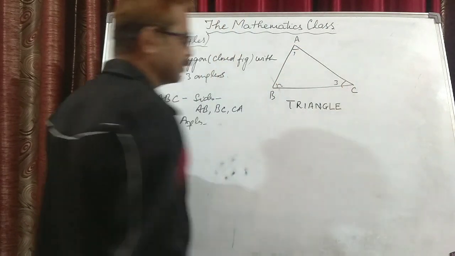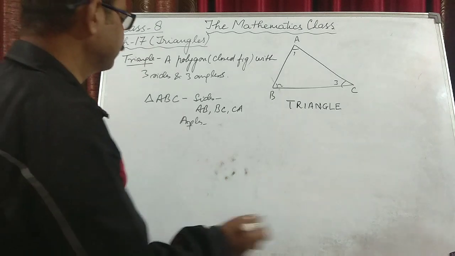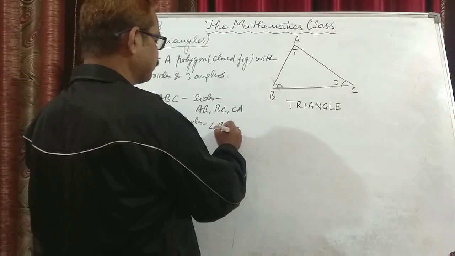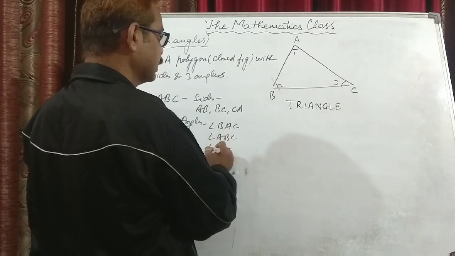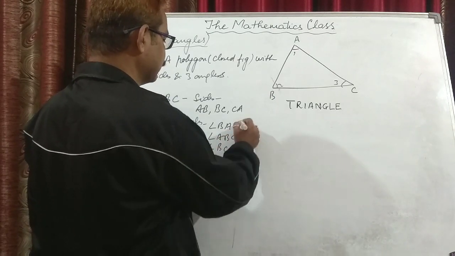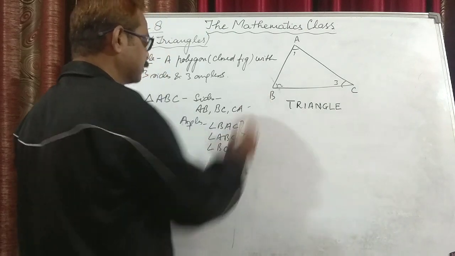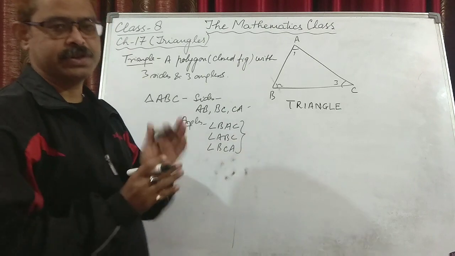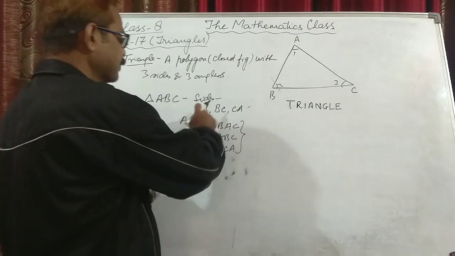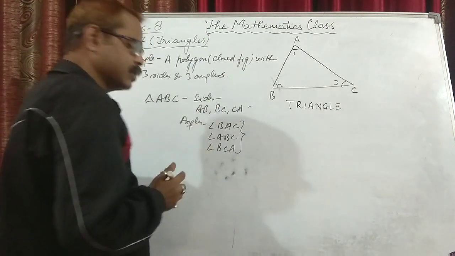You can start with any angle, but I am taking this first. So first angle is angle BAC, then angle ABC, then angle BCA. So it has three angles and three sides. A figure closed with three straight lines, which is having three sides and three angles, is known as a triangle.